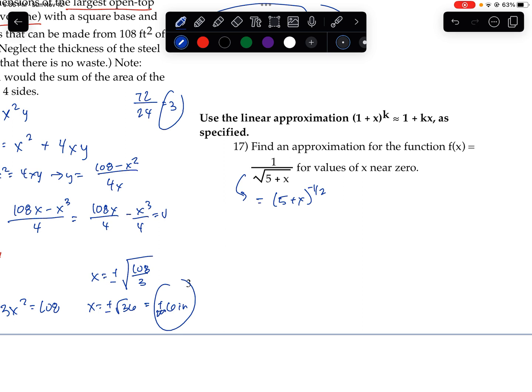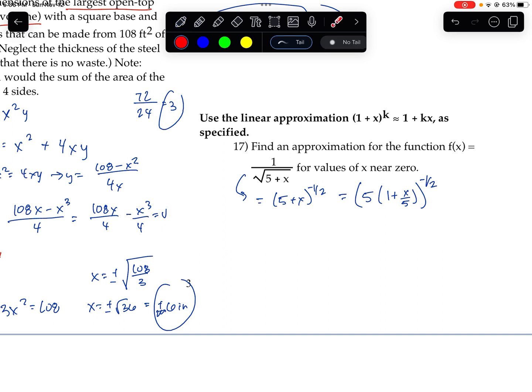So, trying to think how we can do that part, because I don't think we want that to be 5. I wonder if we can take out a 5. So then that would be 1 plus x over 5, all that raised to the negative 1/2.